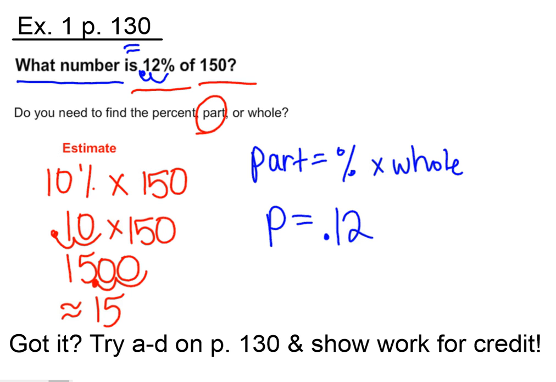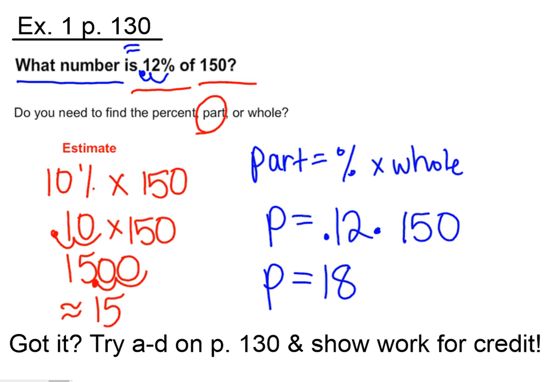There's our decimal point. And I'm going to multiply this times 150. So the part, 0.12 times 150, makes the part equal to 18. When you use your calculator, you can just type in those numbers, 0.12 times 150, and you get 18. So if you notice, 18 is very close to what we estimated as 15.